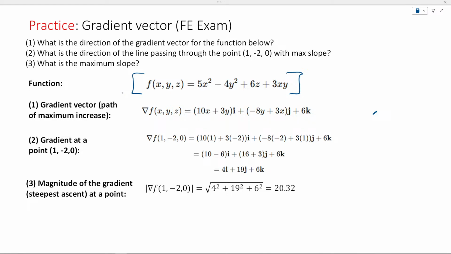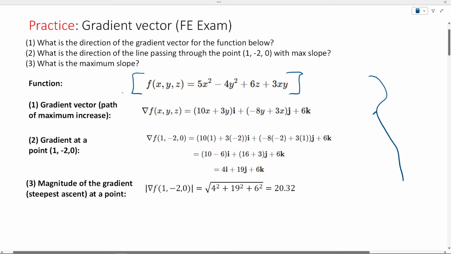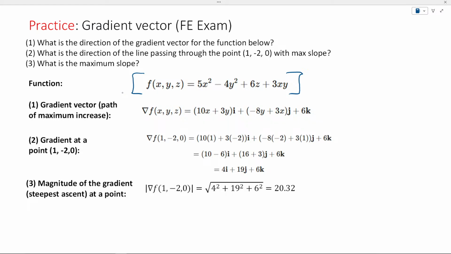telling you that you have this path at a point, and then at this point, what is the gradient, and then what is the magnitude of this gradient. So basically here it tells you the magnitude and direction, but here I'm just asking you the magnitude.